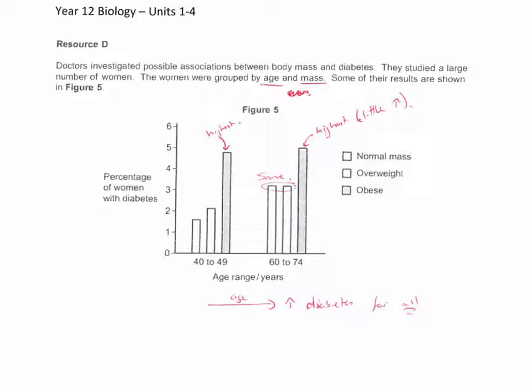With obese, it is much more likely that you become diabetic at an earlier age, but as you increase the age, there's not much of an increase with the obese group. There's the biggest proportional increase with normal weight as you increase with age. So going from here to there, the percentage of women with diabetes doubles.